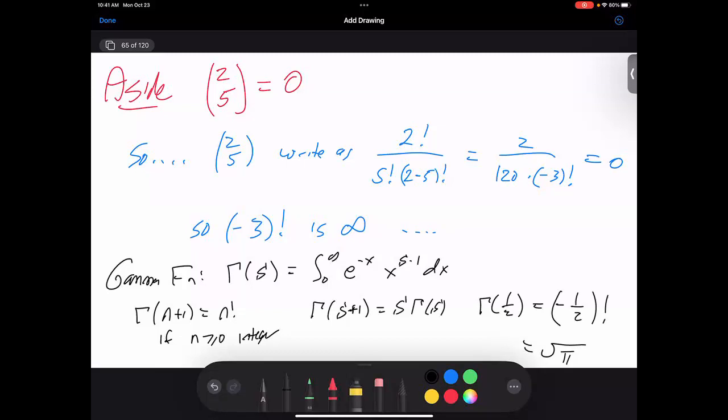We often have to decide how do we want to interpret things in situations where they're not initially defined. And it's often useful to have a way to extend things. And so it's actually not bad to extend the factorial to negative integers and just define them to be infinity. It's not bad to extend it to other situations as well. Does everybody have a geometric sense of 3 factorial? What does 3 factorial represent?